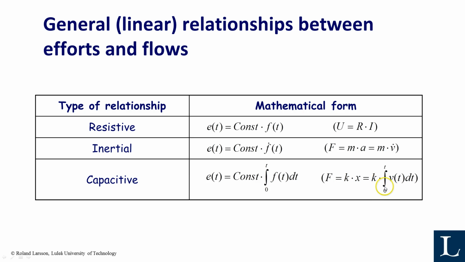So actually you could write it a little bit more complicated, but just to show you the idea, there is a time integral over the speed. That will give you the x in the end. So if it's an electrical, hydraulic, or mechanical system, doesn't matter. We can think about the systems in the same way.